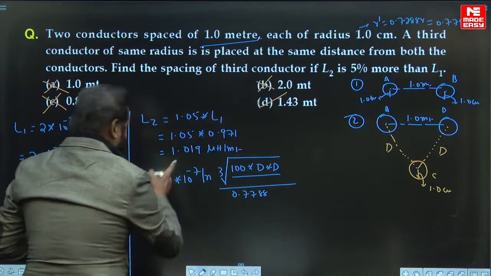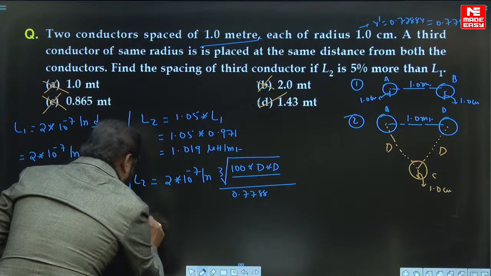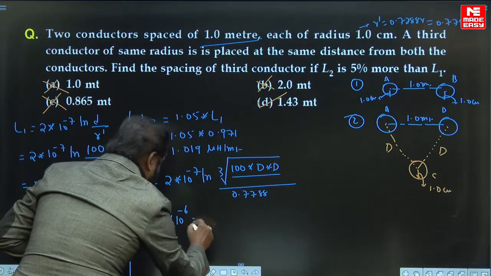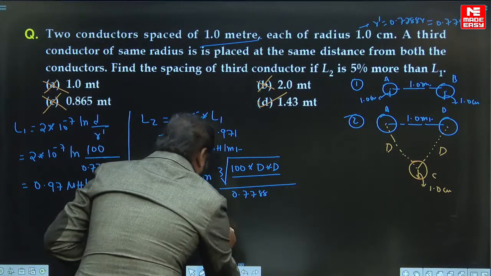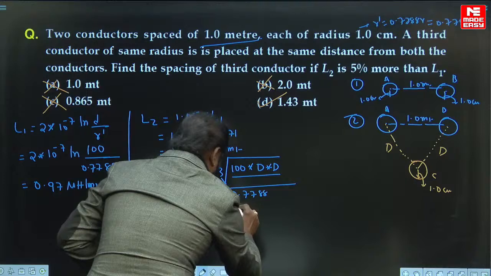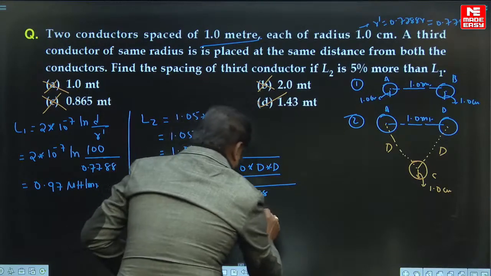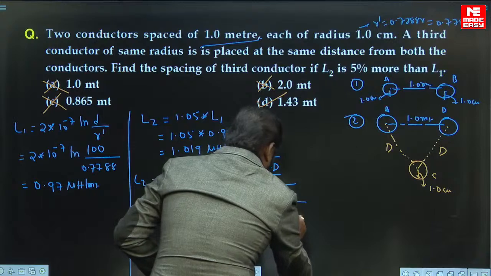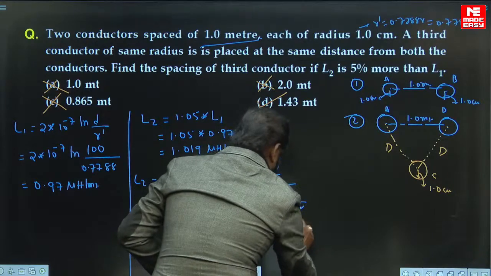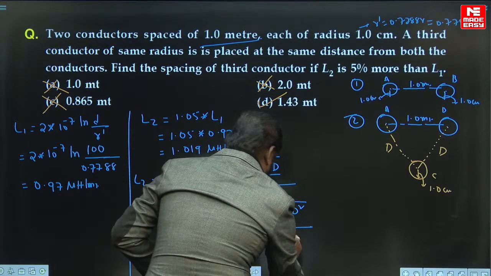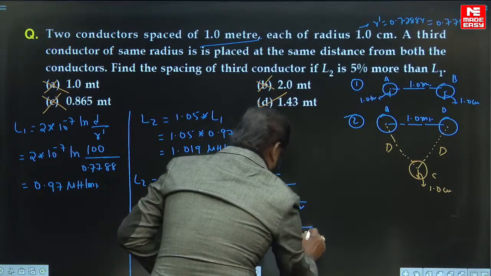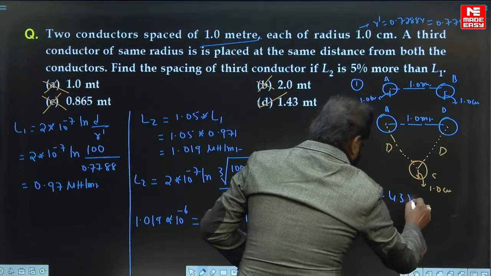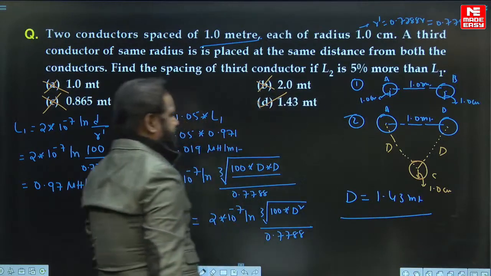That means you can equate this: 1.019 into 10 power minus 6 equals 2 into 10 to the power of minus 7 ln cube root of 100 into d square divided by 0.7788. From this you can take d equal to 1.43 meters. This is the answer you can have.